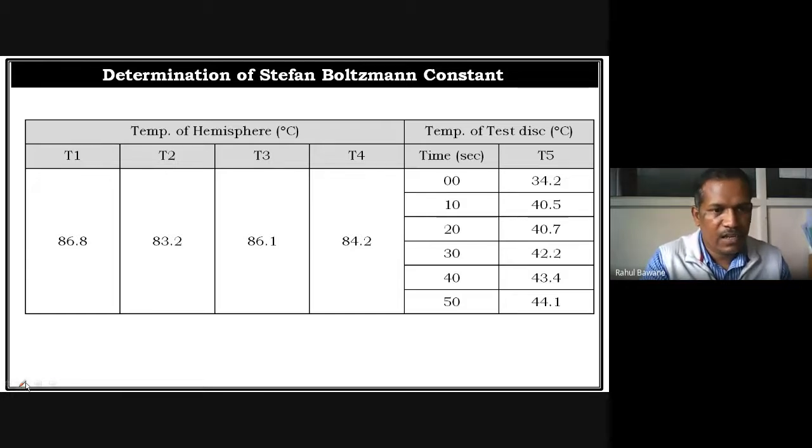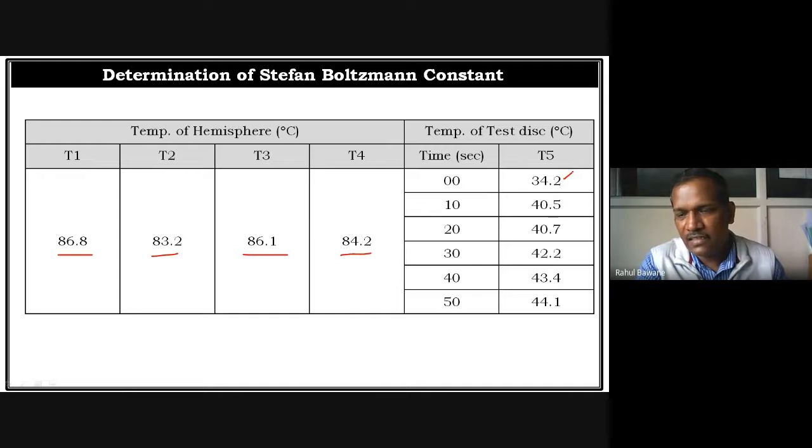Those readings are T1 is 86.8, T2 is 83.2, T3 is 86.1, T4 is 84.2. Before inserting the test disc into the hemisphere, when time is 0 second, it is 34.2. Once I insert the test disc into the hemisphere, after 10 seconds I observe the temperature is 40.5.